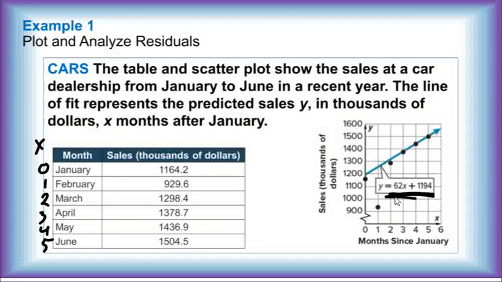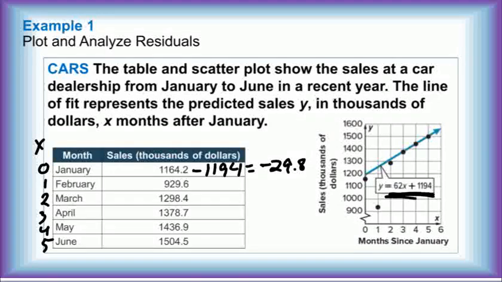So 62 times 0 is 0 plus 1194. So I'm going to take this answer and subtract 1194 from here, and you get negative 29.8. Next one, February is 1.